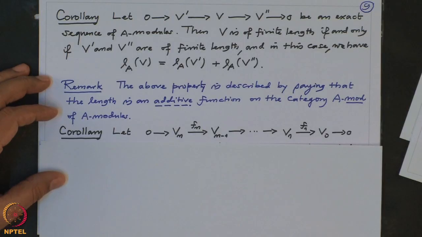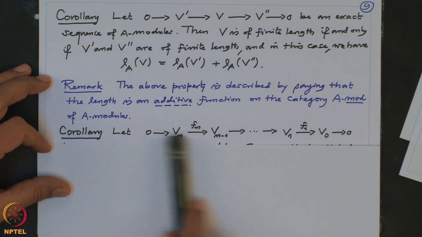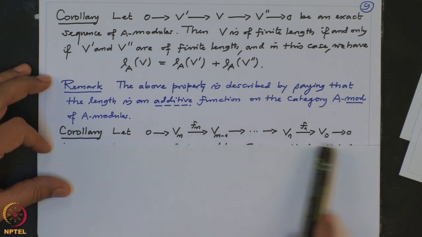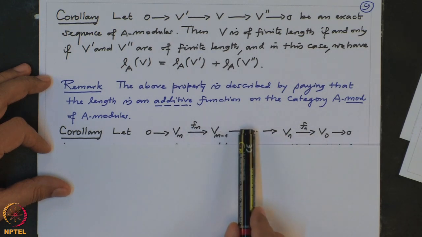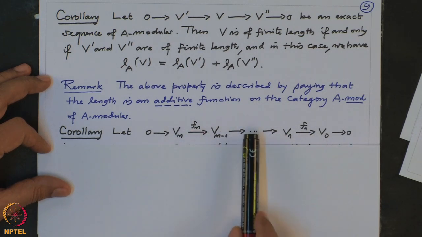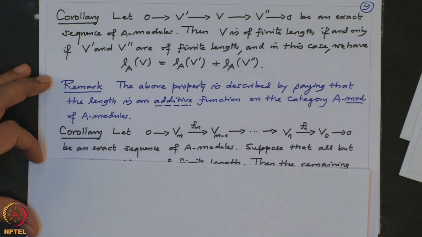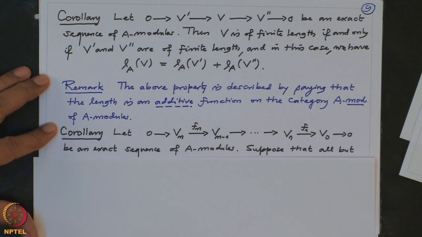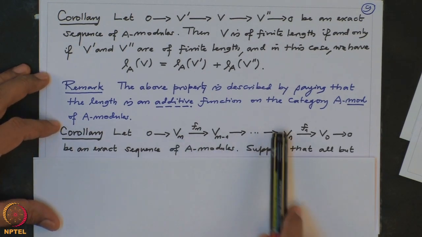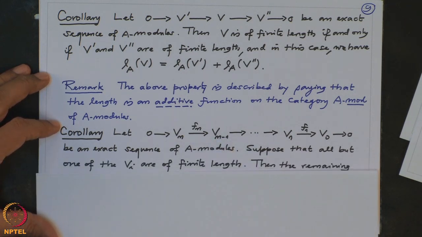Okay, a more general version of this corollary is: if you have a long exact sequence like this which has many terms, that means you have the maps and at each stage the kernel equals the image. The kernel of the later map is the image of the earlier map. Then you call such a sequence an exact sequence of A-modules.